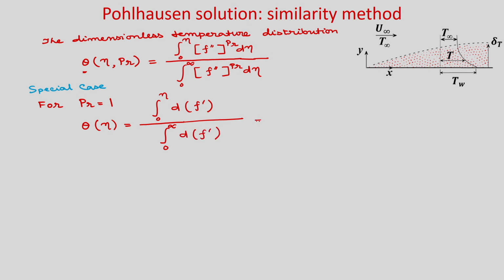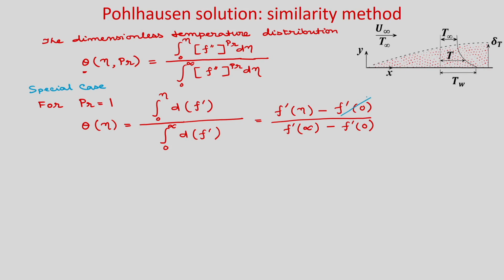Okay. So, now you can see if you put the limit, it will become f prime eta minus f prime 0 divided by f prime infinity minus f prime 0. Okay. So, now what is f prime? F prime is the velocity u by u infinity, and at eta is equal to 0, f prime is 0.